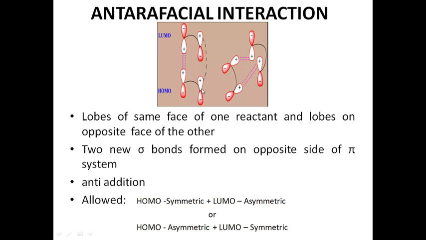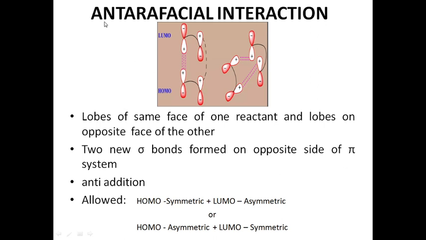Here it can overlap easily, but when it has to overlap here, it has to overlap from the other phase of the pi system. It is not easier. See here, when you have symmetric here and asymmetric here, again it gets difficult to overlap. It can be shown like this. So the lobes of the same phase of one reactant and the lobes of the opposite phase overlap on the other side of the pi system.